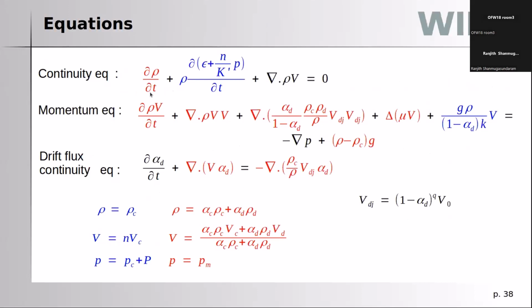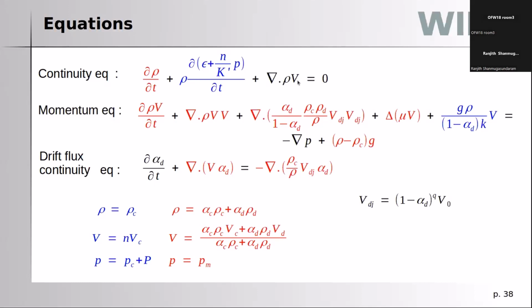Whatever you see here in the red color is switched on in the liquefied region, the blue color term is in the solid region, and finally the black color terms are solved in both the liquefied and the non-liquefied regions. So in OpenFOAM, we implement this using an indicator function.